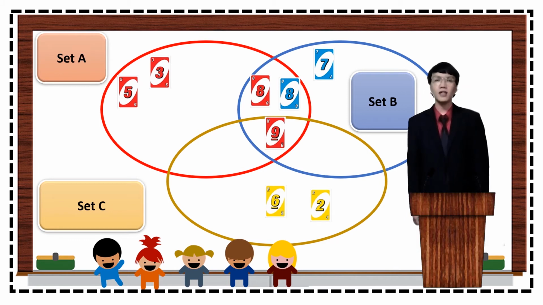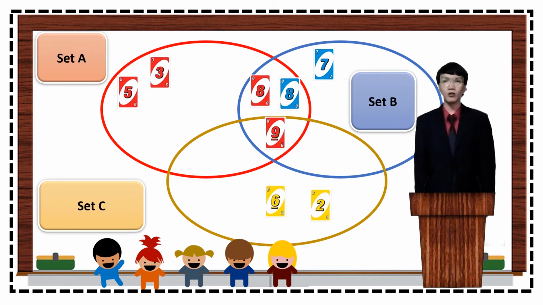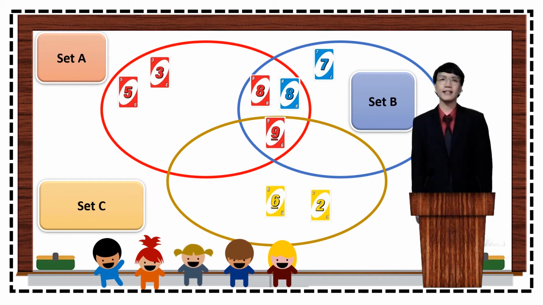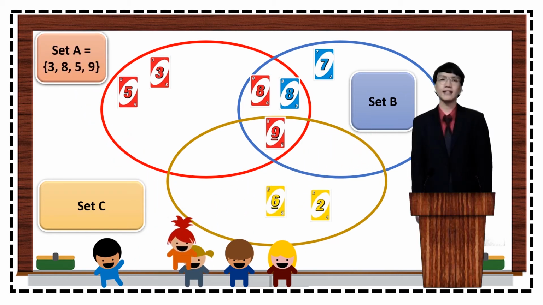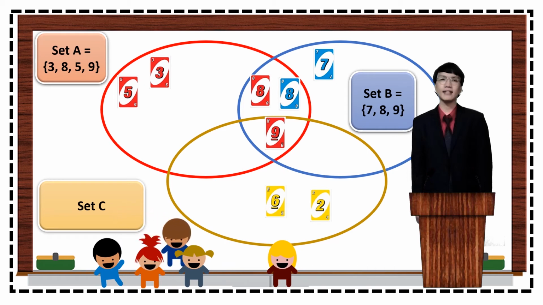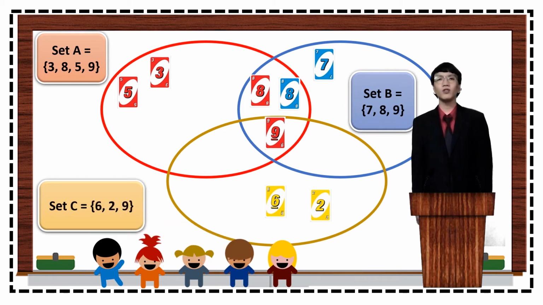Mia, Pinky, and James, can you list down on the board the elements of each set? The 3 of you got the correct answer. For set A, the elements are 3, 8, 5, 9. For set B, the elements are 7, 8, 9. Lastly, for set C, the elements are 6, 2, 9.